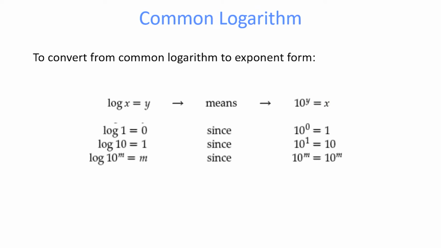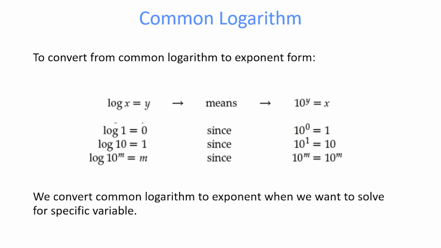Therefore, log 1 equals 0, since 10 to the power of 0 gives us 1. Log 10 equals 1, since 10 to the power of 1 gives us 10. And log 10^n equals n, since 10 to the power of n would give me 10 to the power of n.